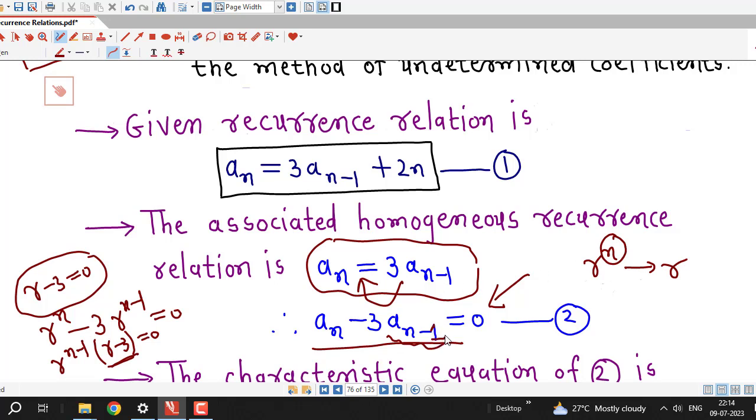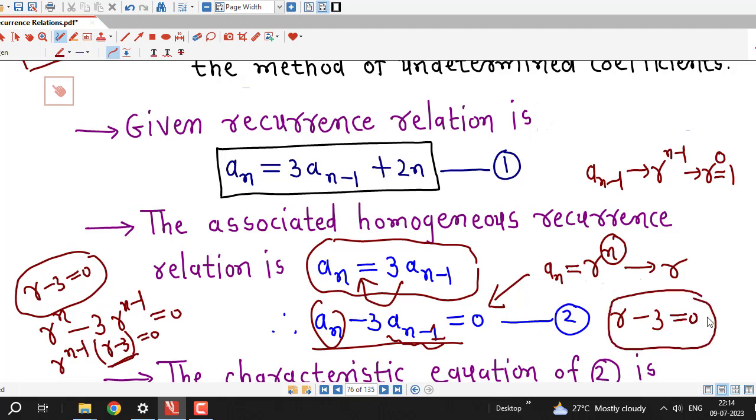This recurrence relation is of first degree, so first we replace an by r raised to n and then n by 1. So we can directly write in this way also. An is replaced by r, an minus 1 is replaced by r raised to n minus 1, and n is replaced by 1, that is r raised to 0, which is 1. So we have r minus 3 equal to 0.